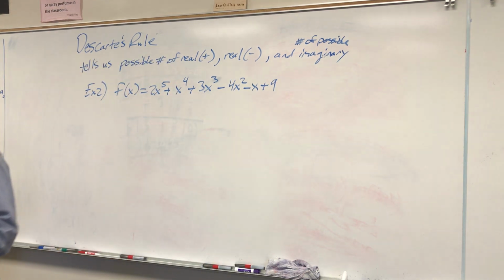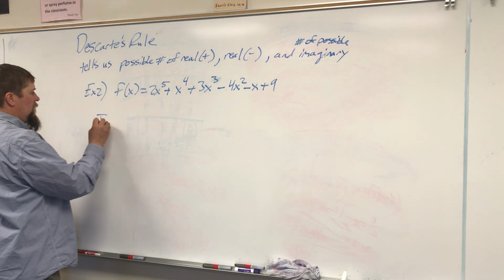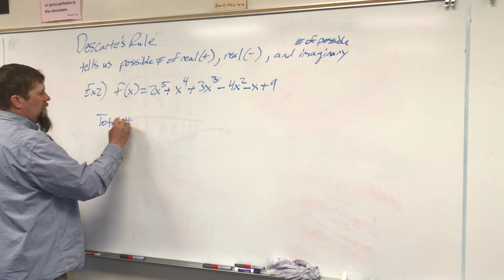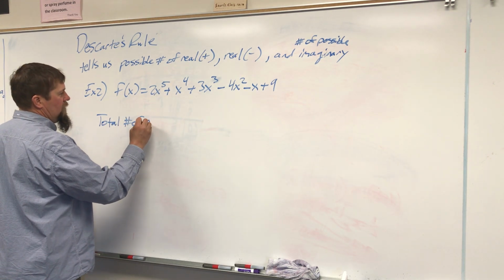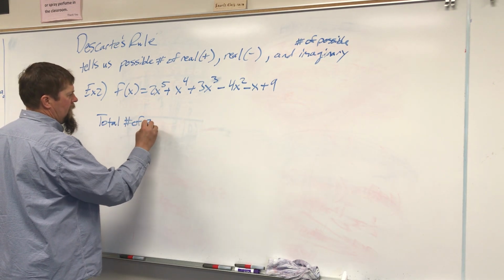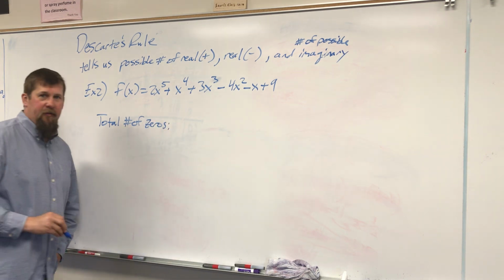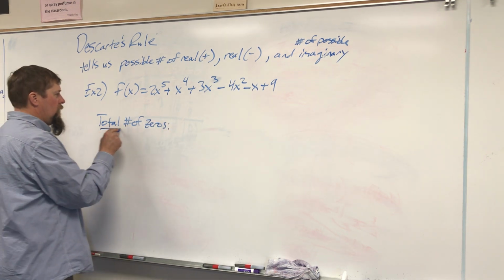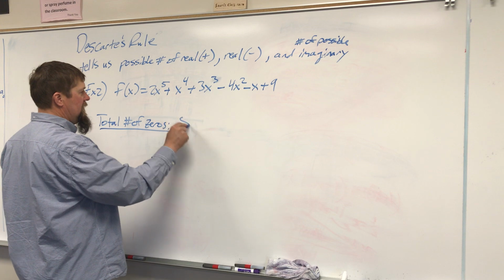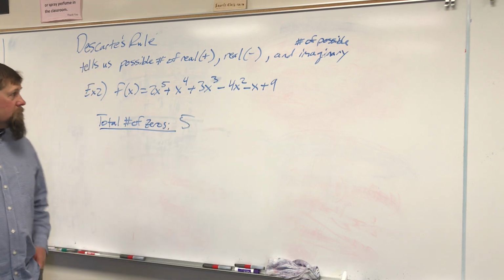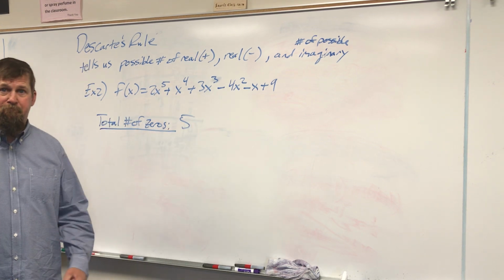Now, at this point, we know that according to the fundamental theorem of algebra, the total number of zeros is 5, because it's a 5th degree.